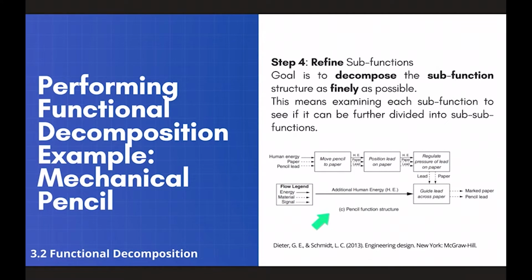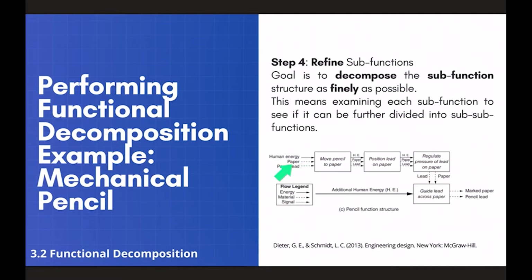So let's say we look at the schematic diagram. We can see that for each sub-function there is a function flow. For example, move pencil to paper. We can see there are 3 flows. Human energy flow, which is the hand of the human gripping the pencil and moving the pencil to the paper.